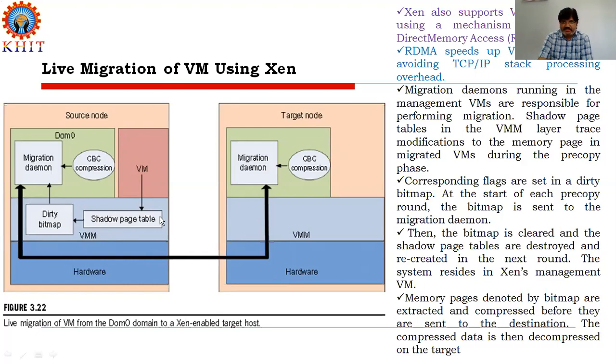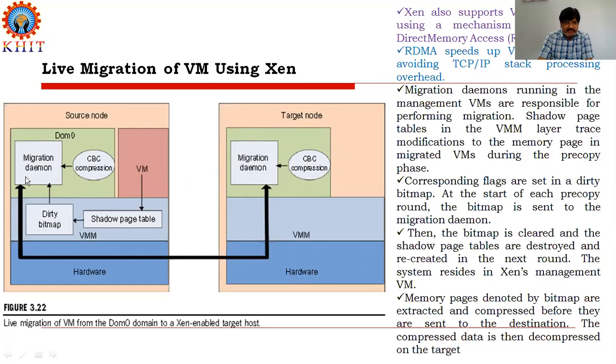The Xen server also supports virtual machine migration by using a mechanism called RDMA, which can be used to speed up virtual machine migration by avoiding the TCP/IP stack processing overhead.